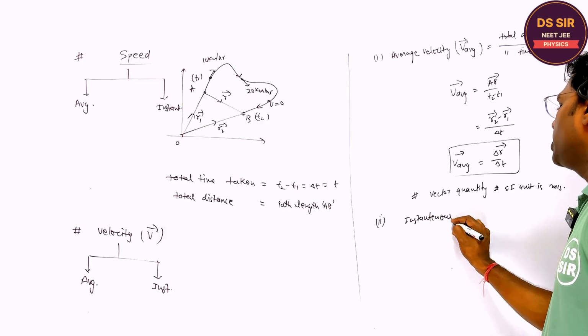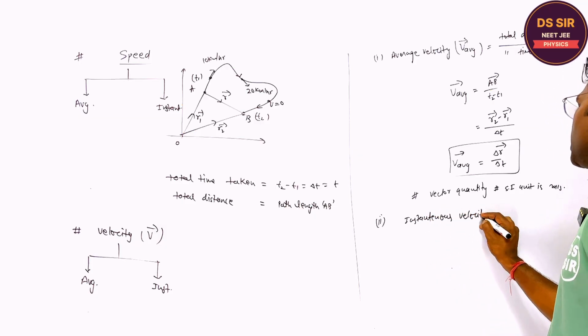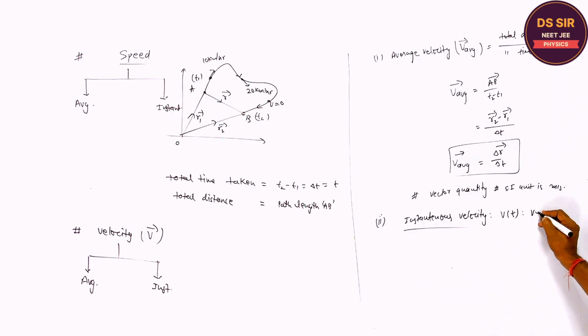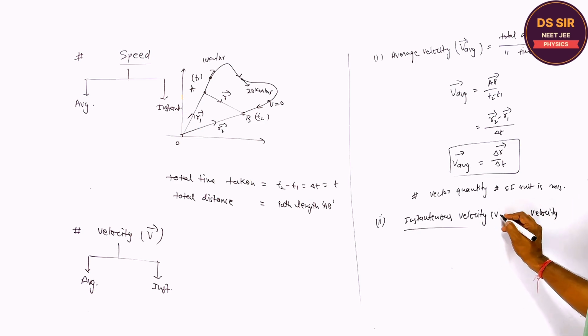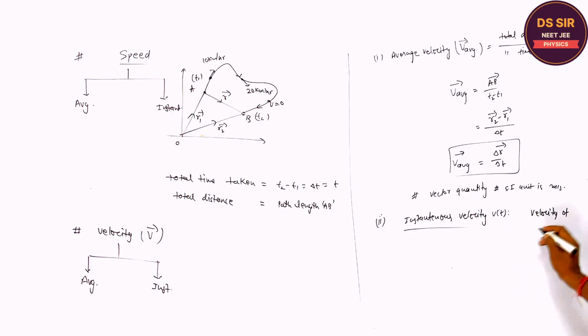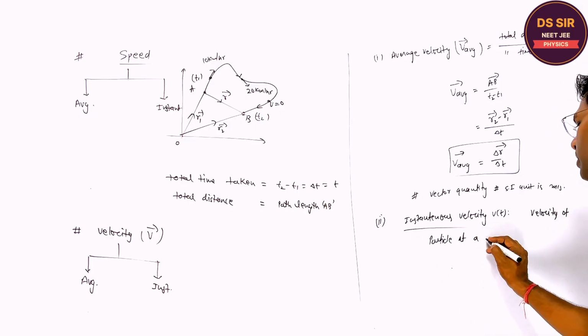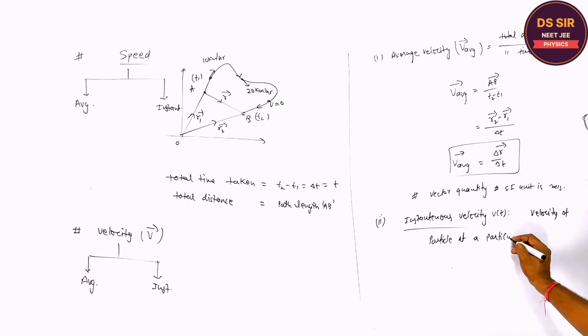What about the instantaneous velocity? The instantaneous velocity is defined by Vt, right? The instantaneous velocity Vt is defined as the velocity of a particle or an object at a particular instant of time.